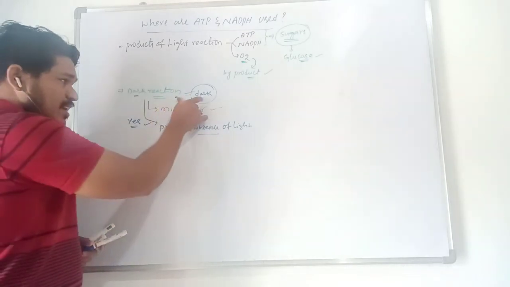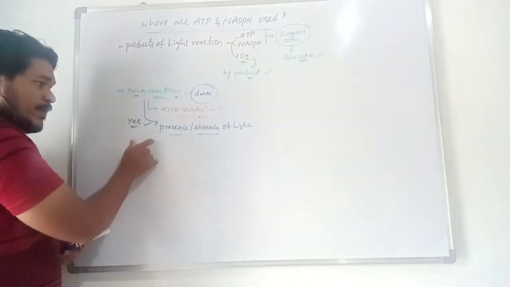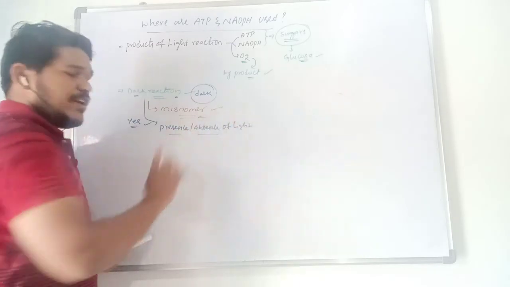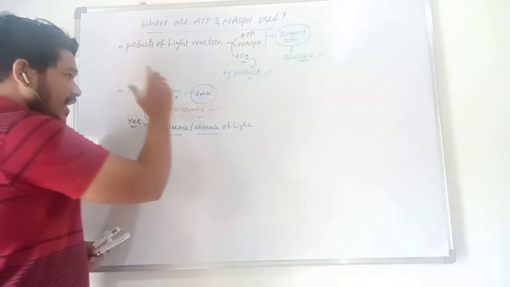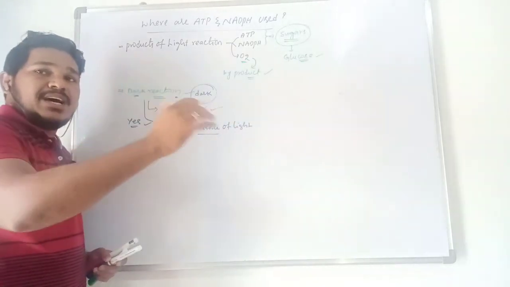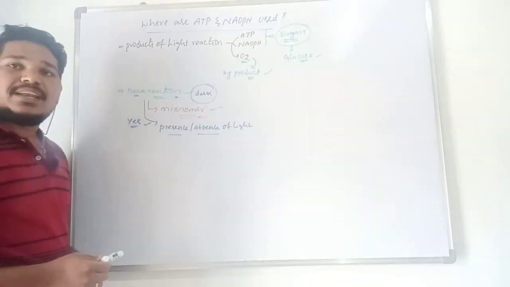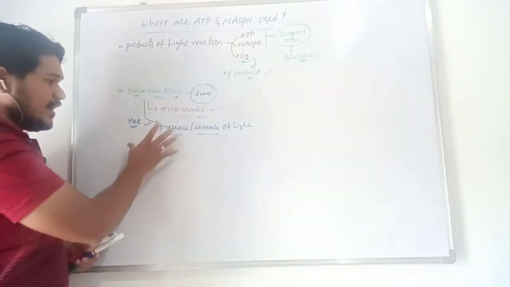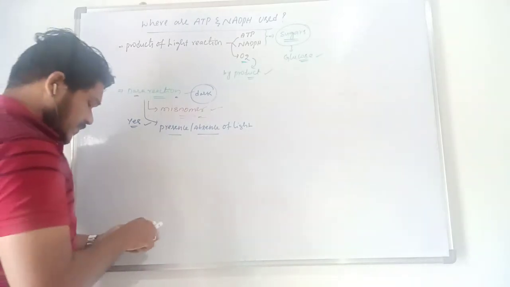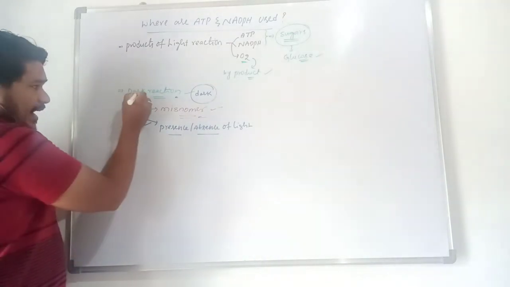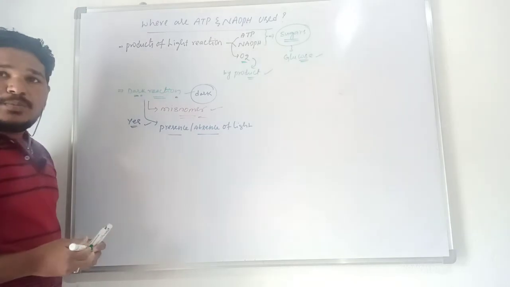They occur in the chloroplast in the presence or absence of light. They do not depend on the light but depend on the products of light reactions.